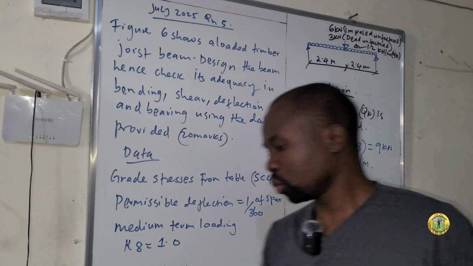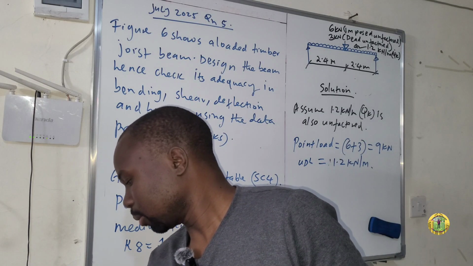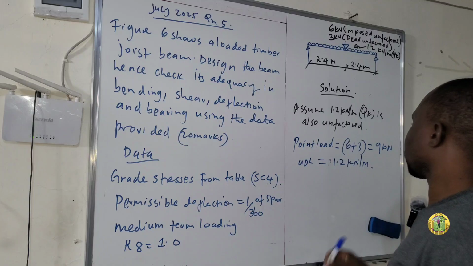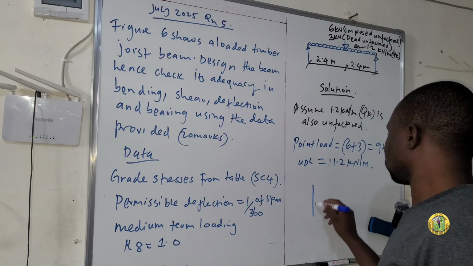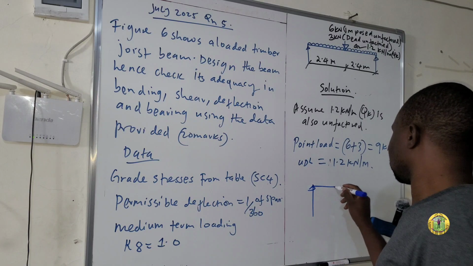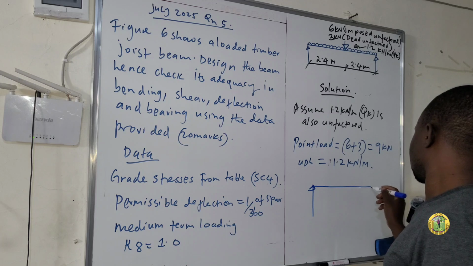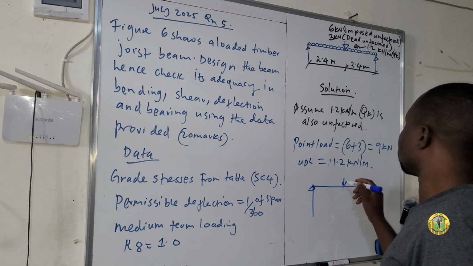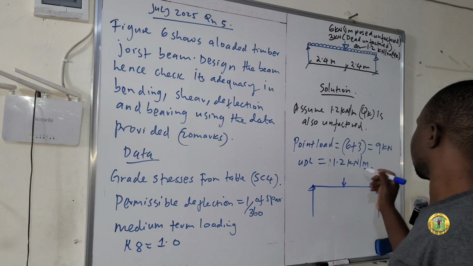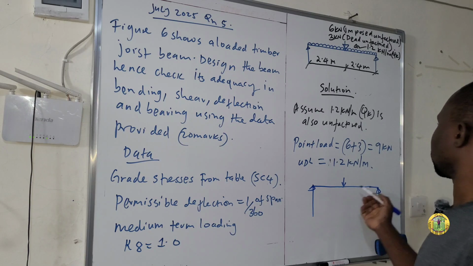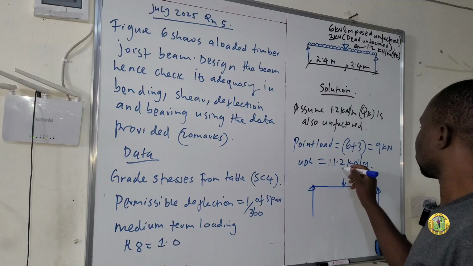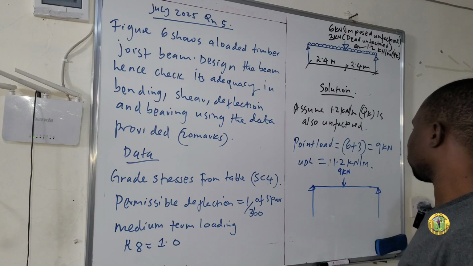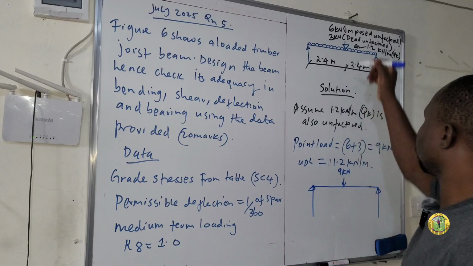And then after doing so, you will come and draw another beam. And this point load will change to 9 kilonewton. So the point load will be the total point load on this beam.